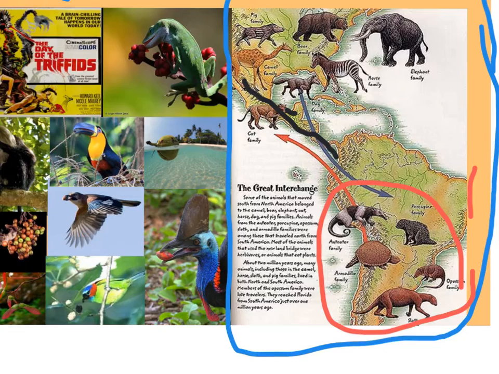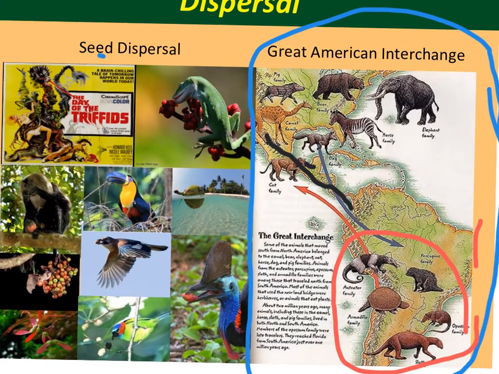And then in North America, there were elephants, peccaries, camels, cat family, wolves, bears, zebras, all kinds of different things, pigs, all that. And a lot of them moved down into South America, where some of them still are.